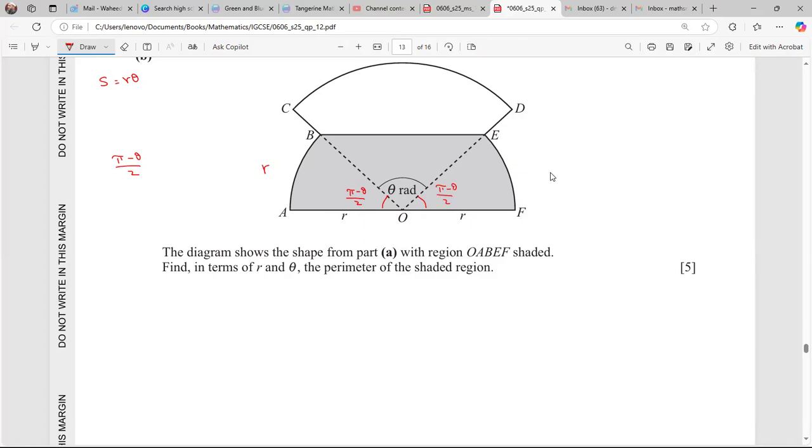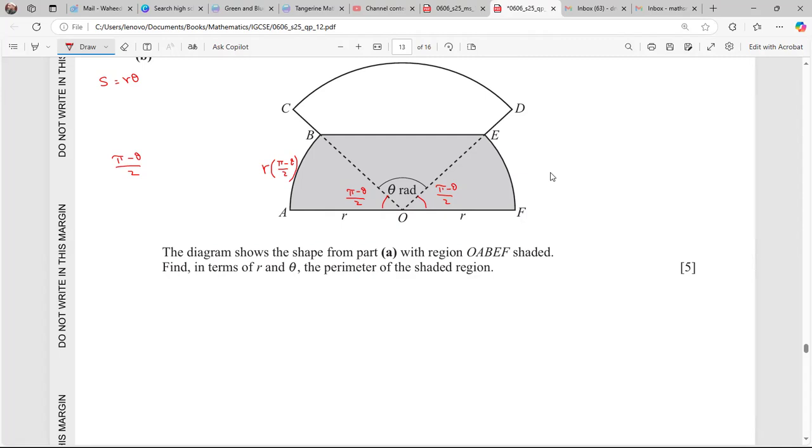So this arc length AB is going to be r into the angle, which is pi minus theta over 2. And the same is over here.